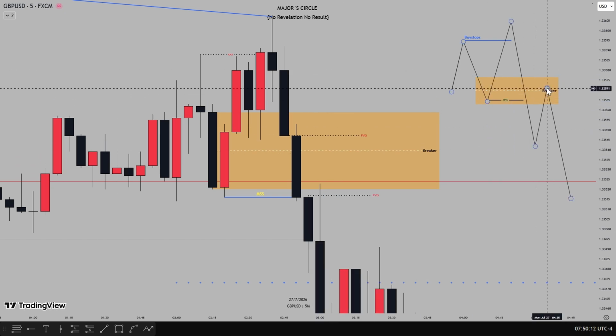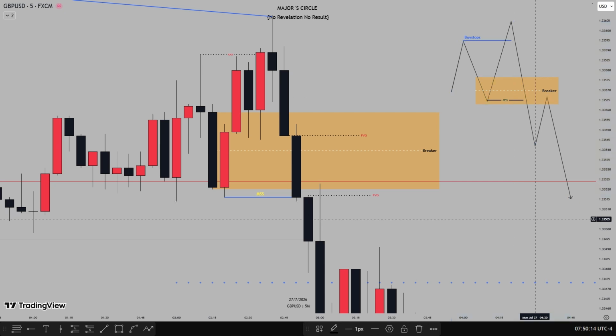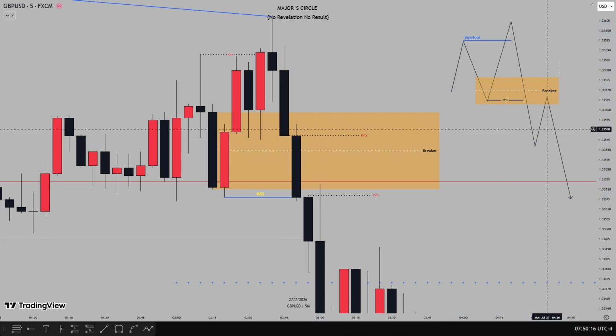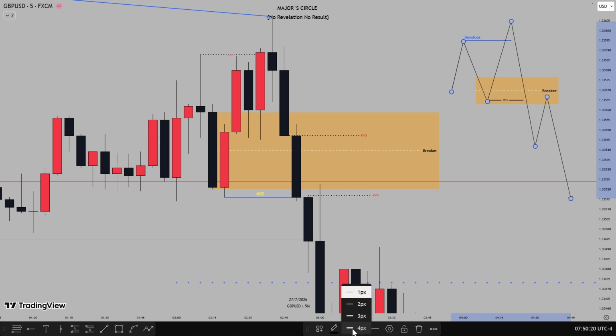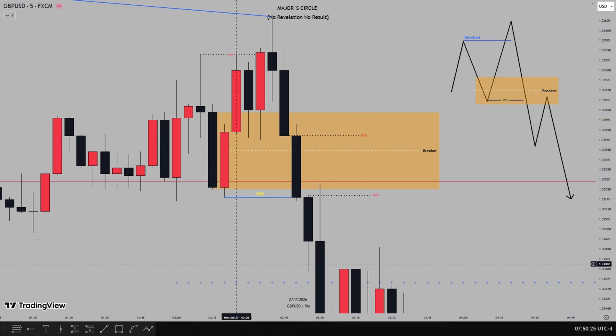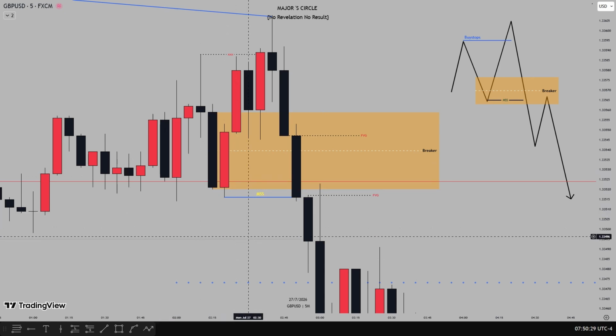Then it trades back into the zone. This is all you need to make very beautiful entries. Though there are a lot of models, as of now, this is what presented itself during the London session.